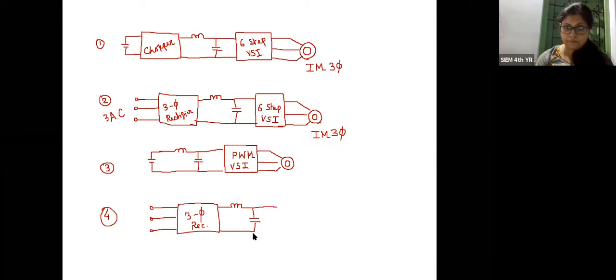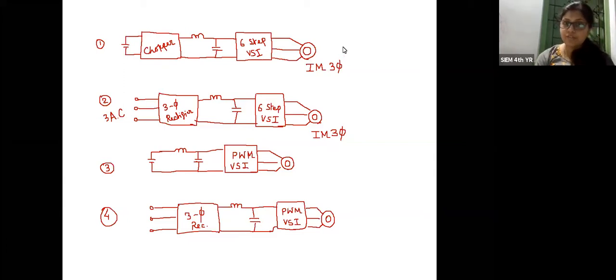Then this is the three-phase induction motor.